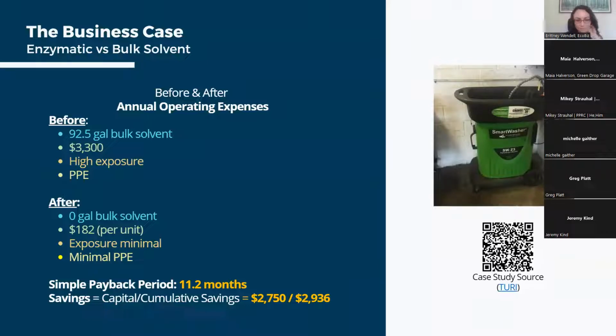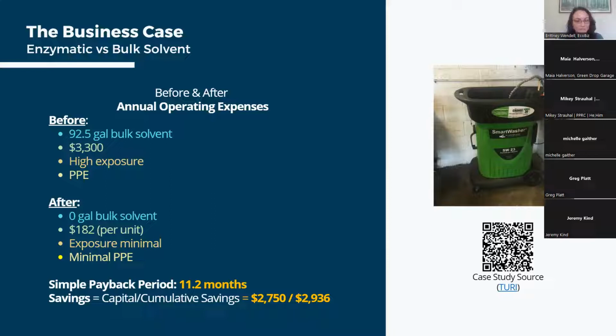So building off of what Maya just said, here is an example from an auto vocational program in Massachusetts that shows the cost benefit and operating costs after switching from a traditional bulk solvent parts washing system to an enzymatic parts washer.